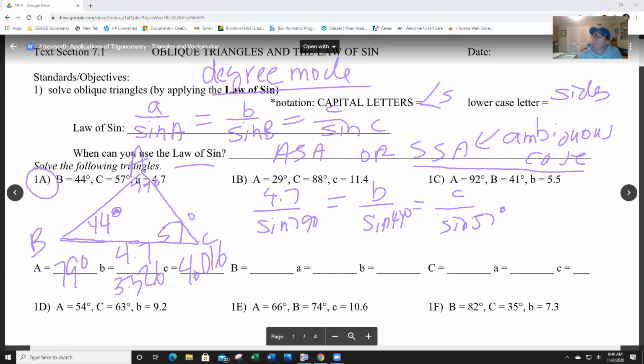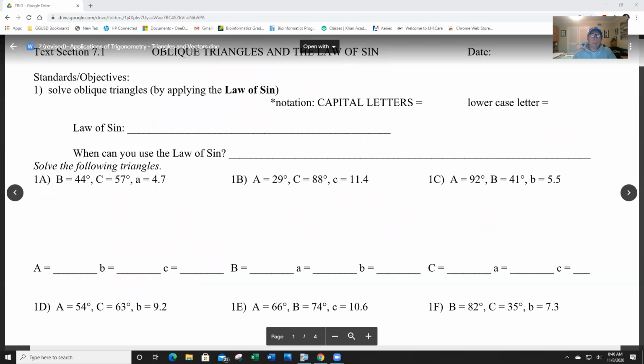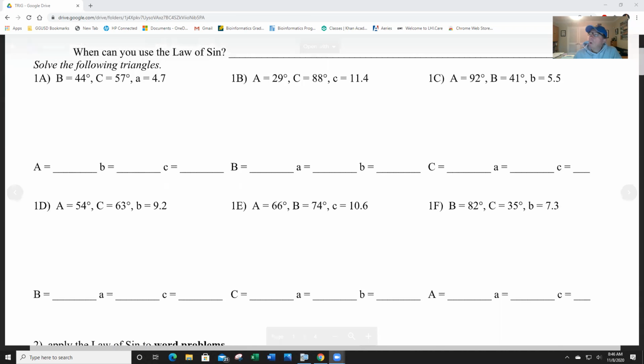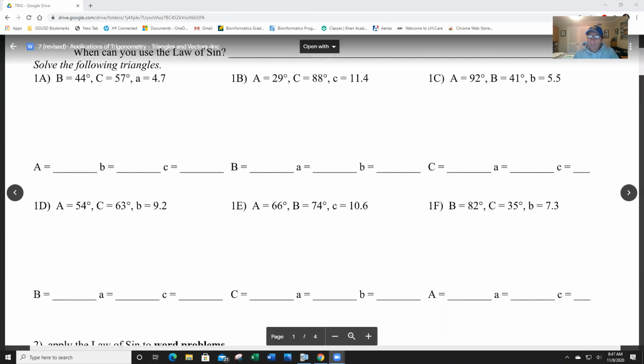There's 6 of them here. Probably a little overkill, but that's all right. Okay, so B then, slide this up just a little bit. Circle the one we're working on here. Let me draw this one out.